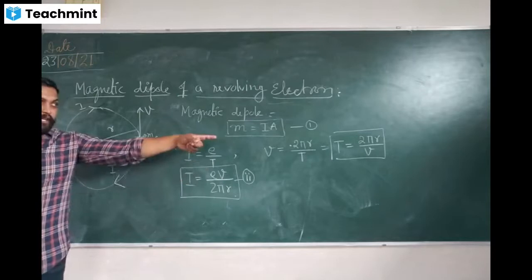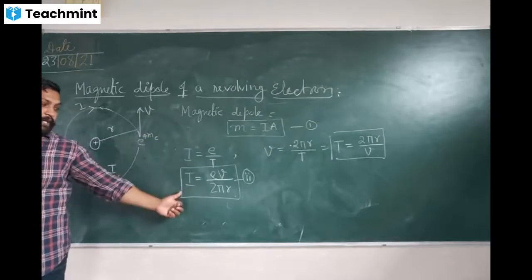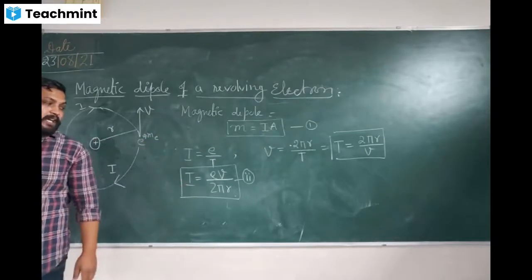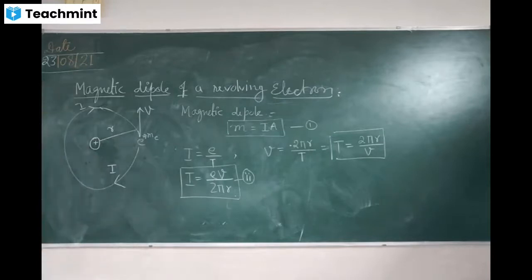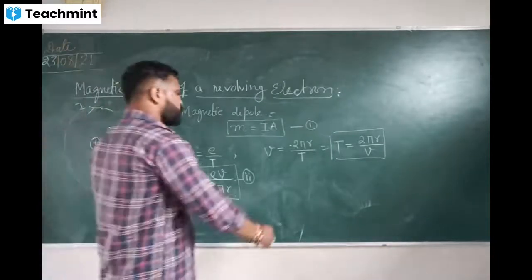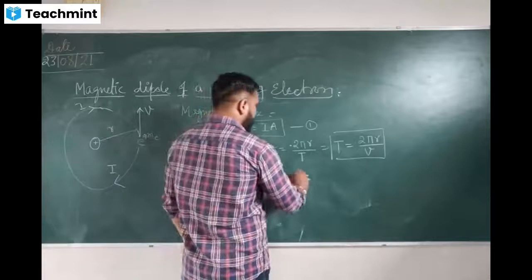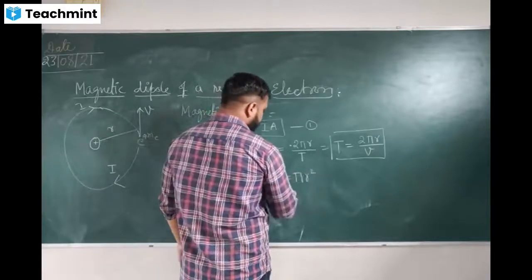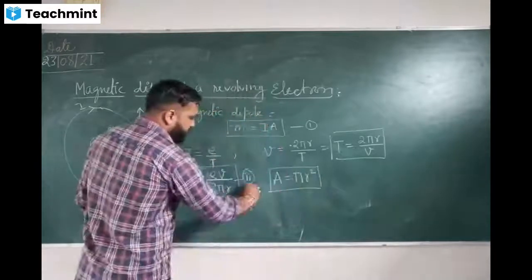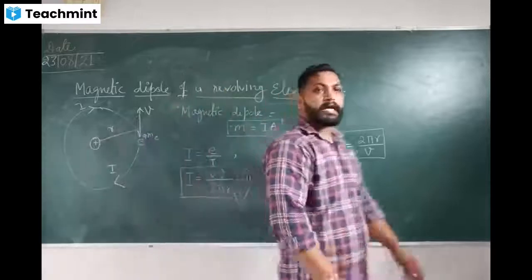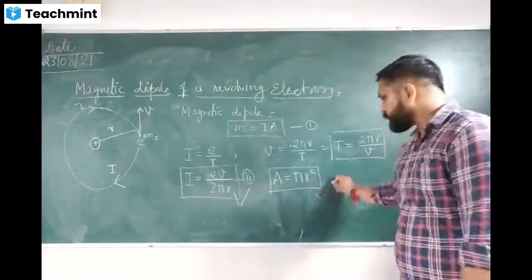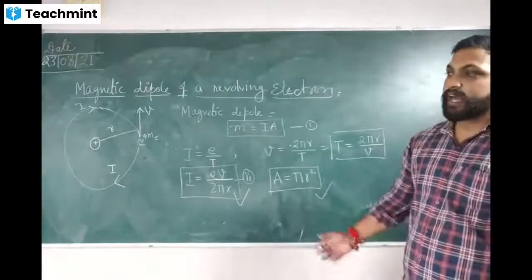So from here we can find the value of T and put it here. So I will become ev upon 2 pi r. And what is the area of the circular loop? Pi r squared. So now that we have the value of I, we have the value of A. Where do we put the values?